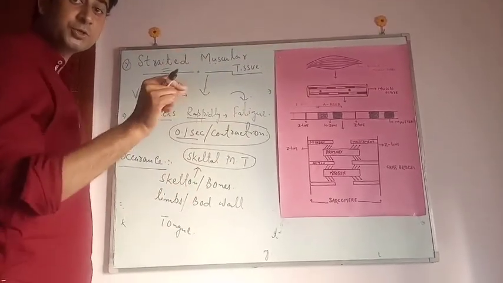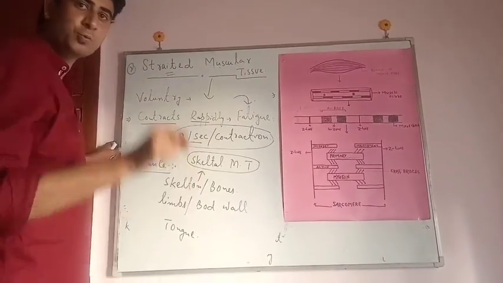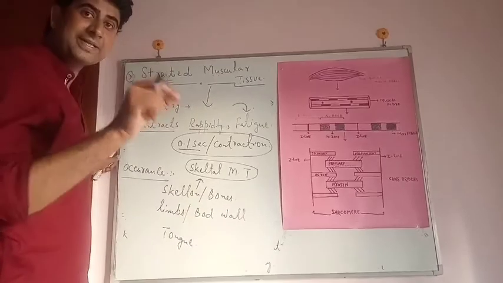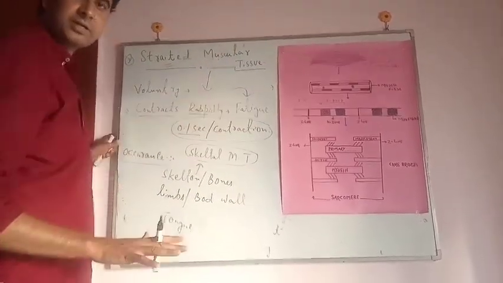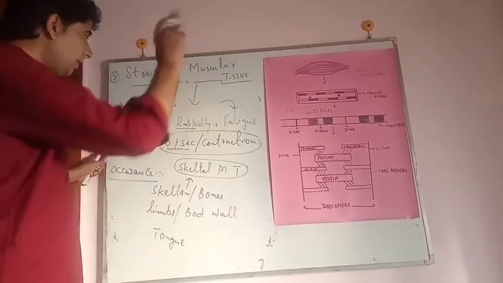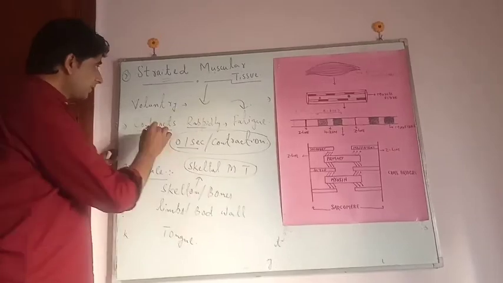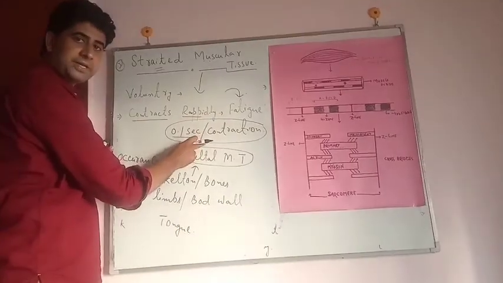In case of smooth muscular tissue, the contraction rate was 3 to 180 seconds per contraction. उसमें rate of contraction slow थी, but that never gets fatigued. But in contrast to that, ये जो striated muscular tissue है, it contracts rapidly at this rate but gets fatigued.